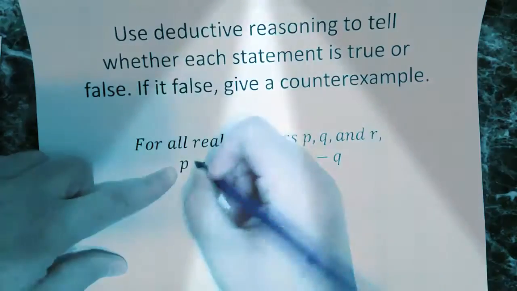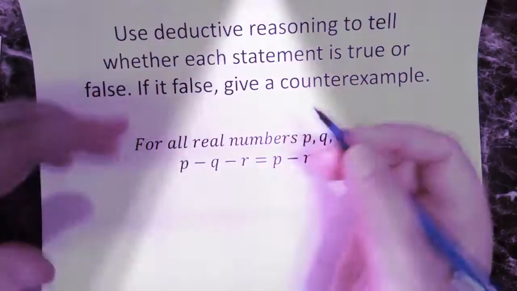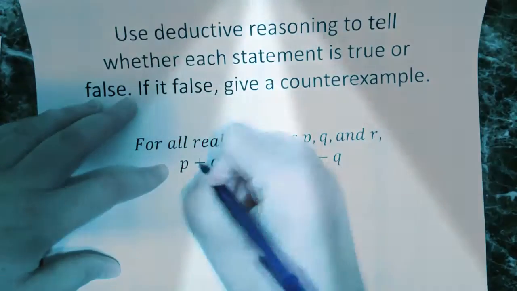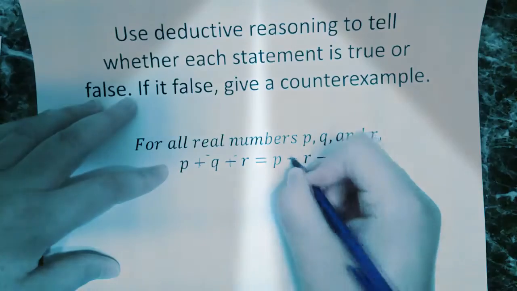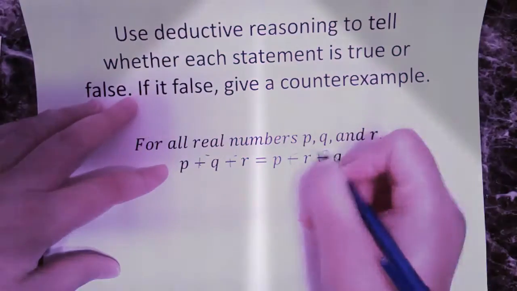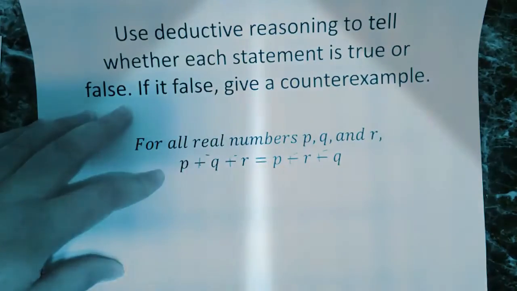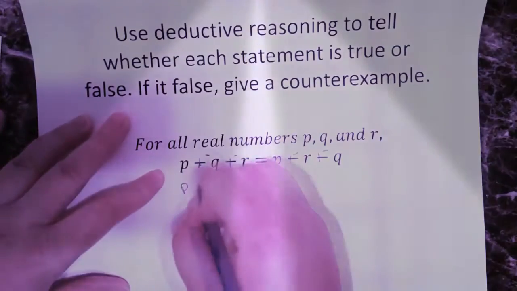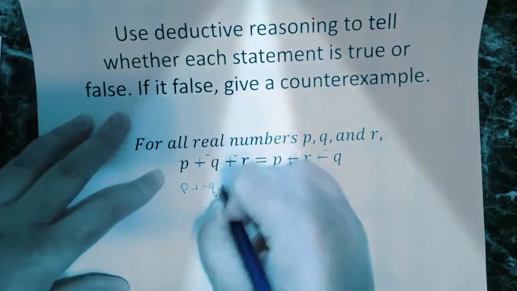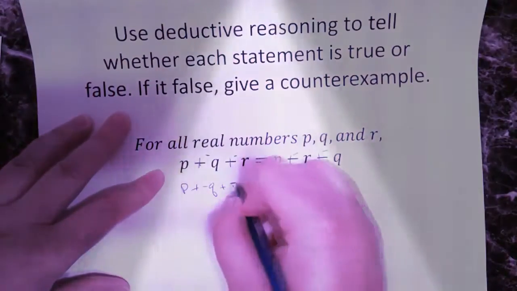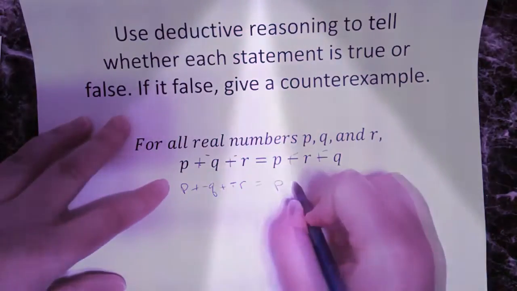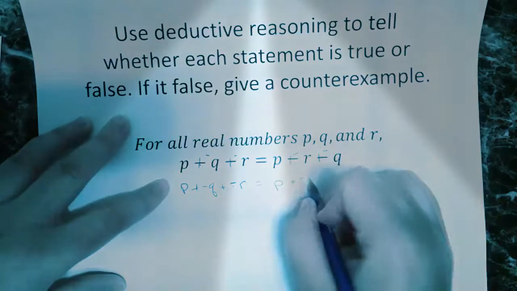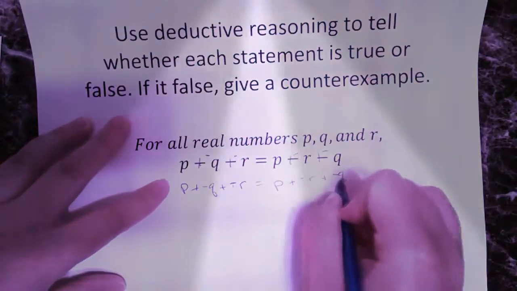I could say, hey, this is using the subtraction rule. Keep, change, change, keep, change, change. And then over here, do the exact same thing. So really I have P plus negative Q plus negative R, or the opposite of, is how you can read it as well. So this is P plus the opposite of R plus the opposite of Q.